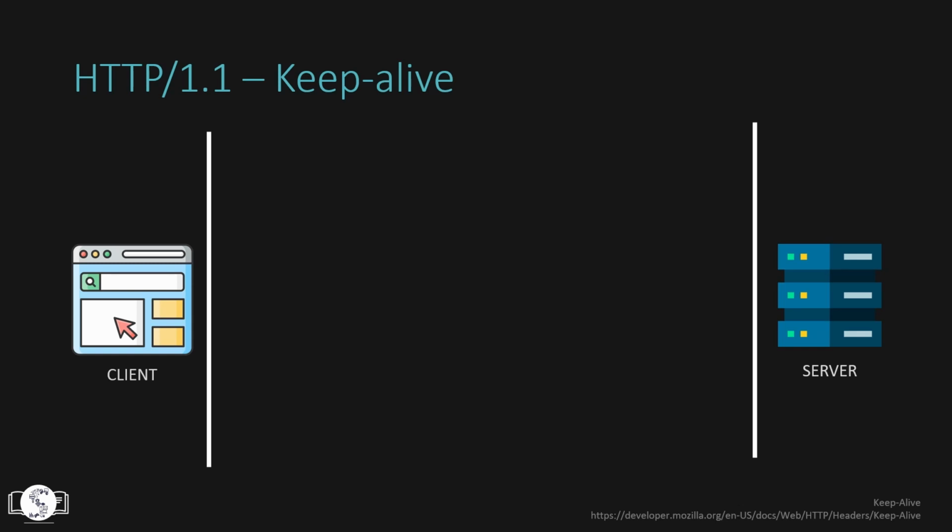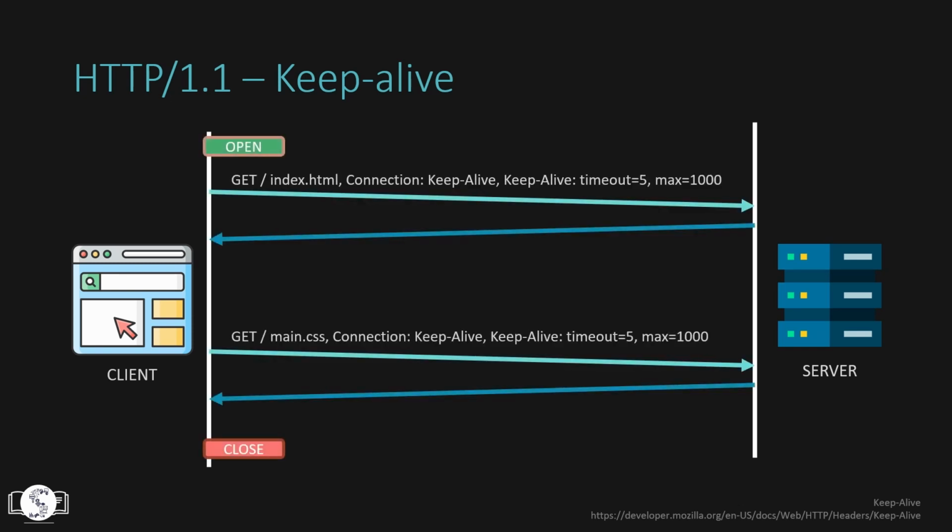This feature makes the connection persistent. It is the idea of using a single TCP connection to send and receive multiple HTTP requests or responses, as opposed to opening a new connection for every single request or response pair.